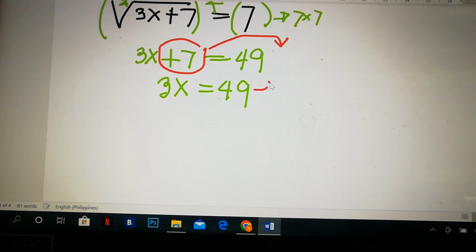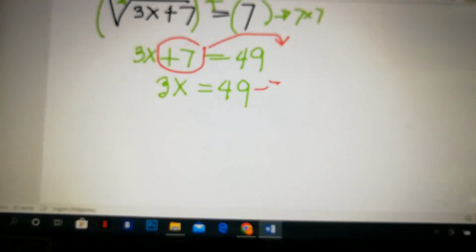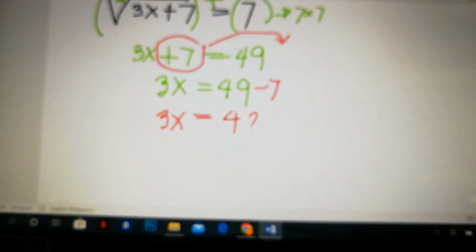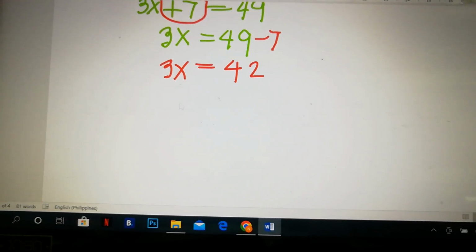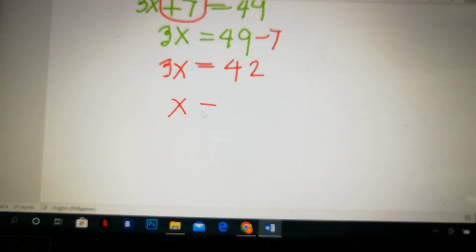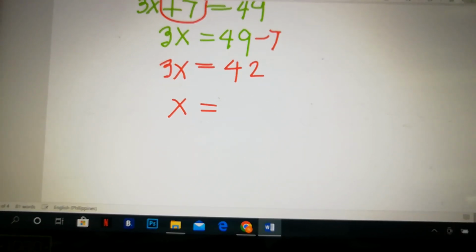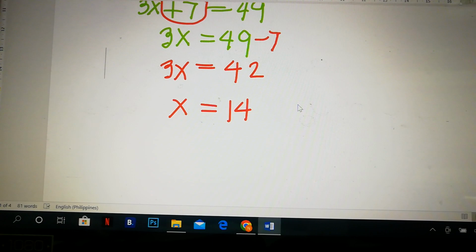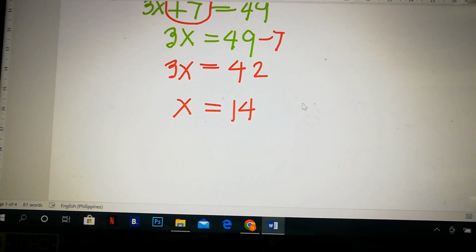So 3x is equal to 42. So divide both sides of the equation by 3. 42 divided by 3 is 14. So the value of x is equal to 14.